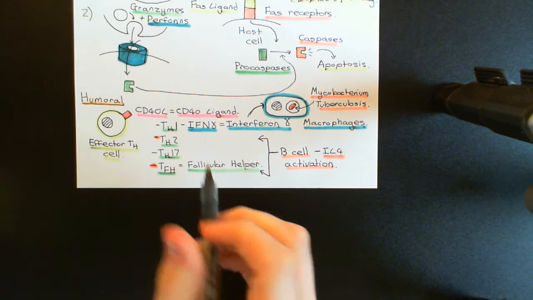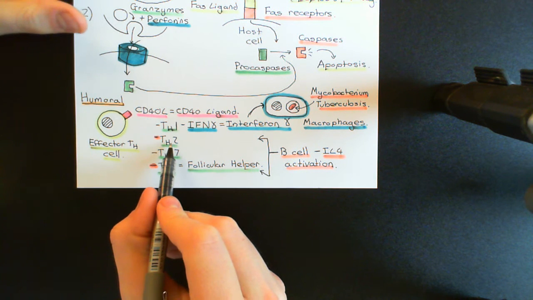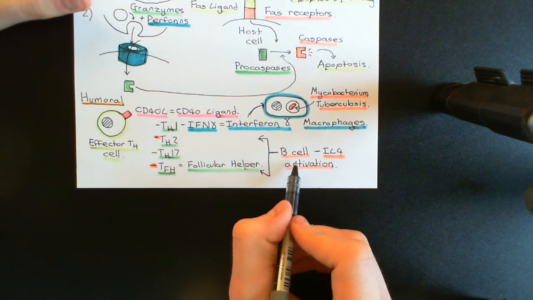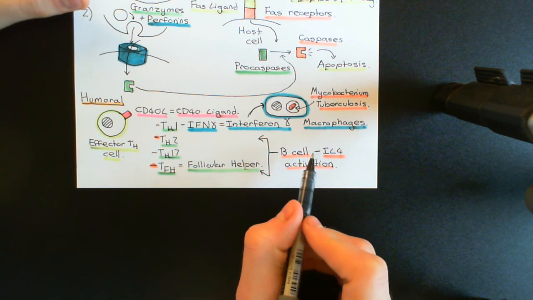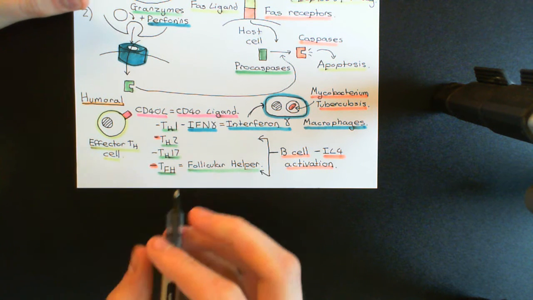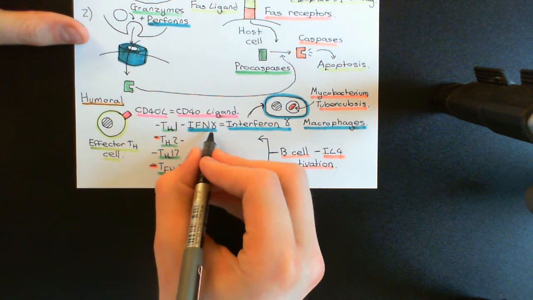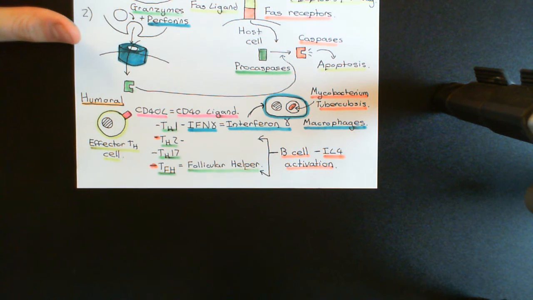Let me now tell you about some of the other types of effector helper T cells. I want to talk about the side function of T helper 2 cells. I've said T helper 2 cells are absolutely fantastic at activating B cells, and they are, but they also have another side function just like the T helper 1 cells. Again, this involves the secretion of a cytokine that will help other cells of the immune system.